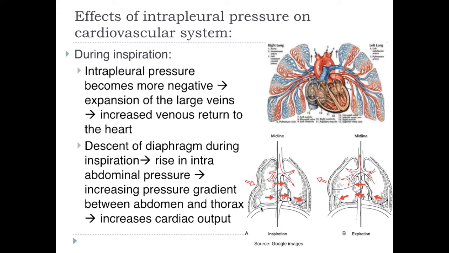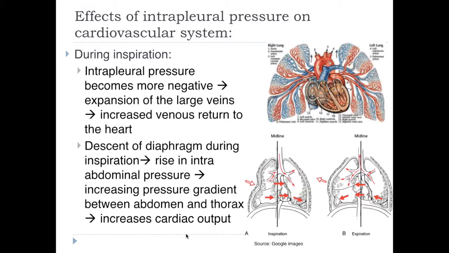As well, because during inspiration the diaphragm descends, there is rise in the intra-abdominal pressure, which increases the pressure gradient between abdomen and thorax. So you can say during inspiration cardiac output increases because of two effects: increase in the venous return, as well as descent of diaphragm, which increases the pressure gradient between abdomen and thorax.